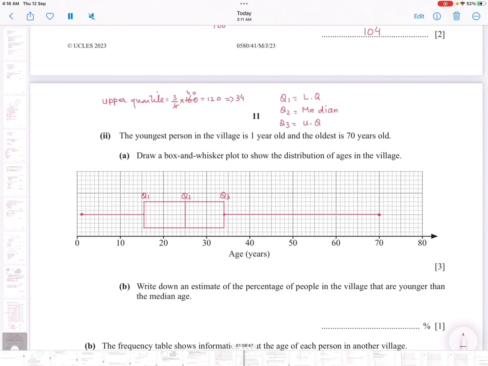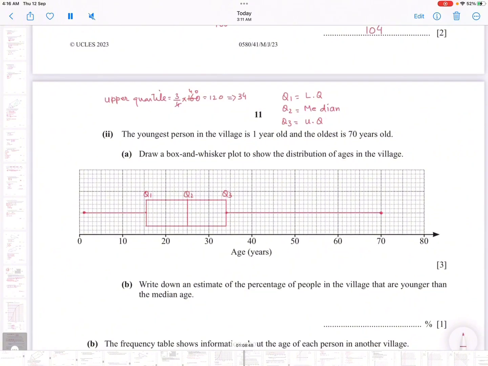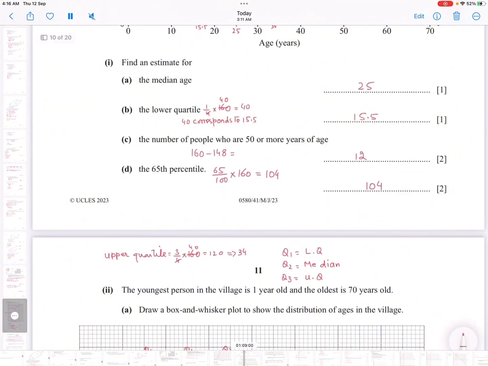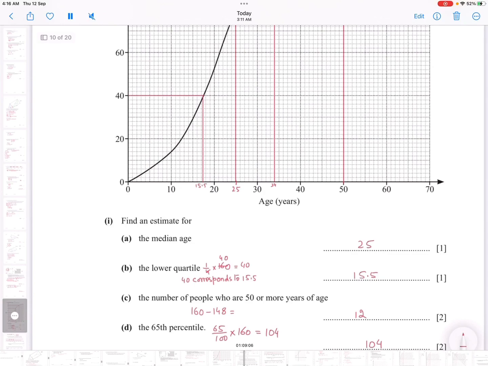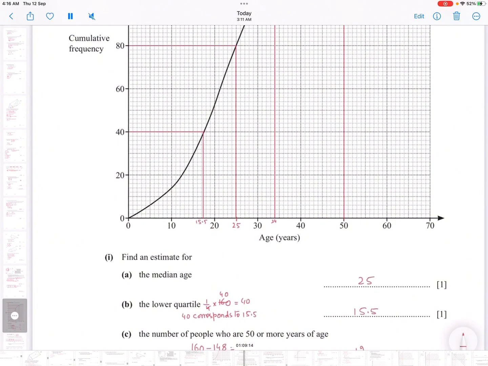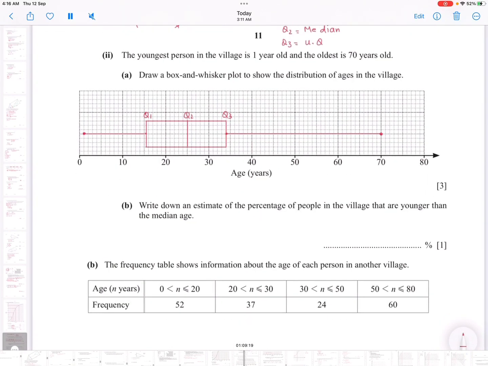Write down an estimate of the percentage of the people in the village that are younger than the median age. So we have to estimate the percentage of people that are younger than the median age.